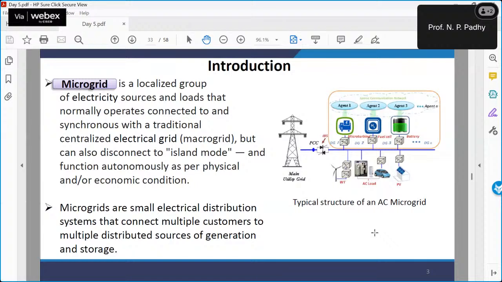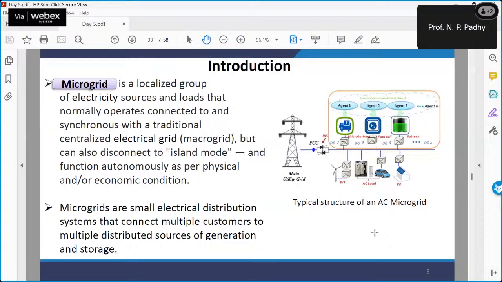So reasonably, a system of 1 megawatt scale can be, I can say a 10 megawatt can be considered as a microgrid, isn't it? So a reasonable 10 megawatt can be popularly known as a microgrid.